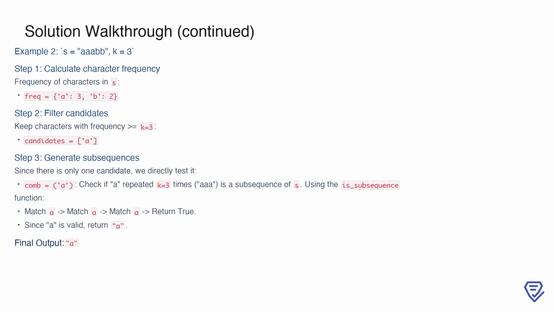Since there is only one candidate, we directly test it. The combination a, repeated k equals 3 times, forms the string aaa. Using the is_subsequence function, we check if aaa is a subsequence of s. By matching each a in aaa with the characters in s, we confirm that it is valid. Therefore, the solution for this example is a.